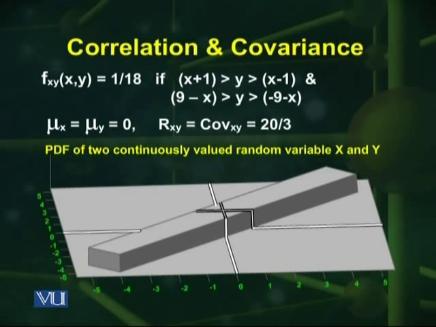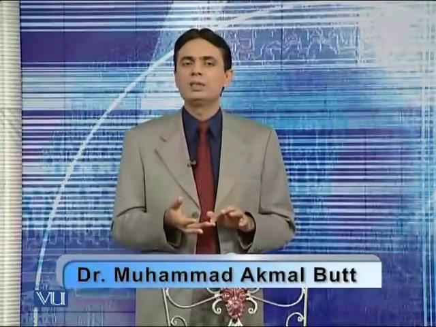So when the region between these 4 lines is taken, and it is intentionally taken to be symmetric across the origin, then we have two marginal densities which are also symmetric, and they give us 0 mean values for x and y random variables.